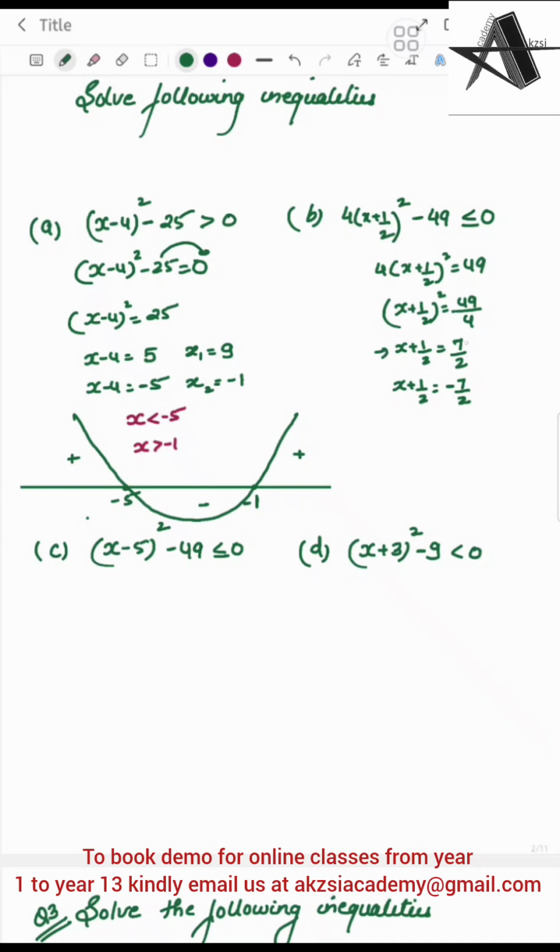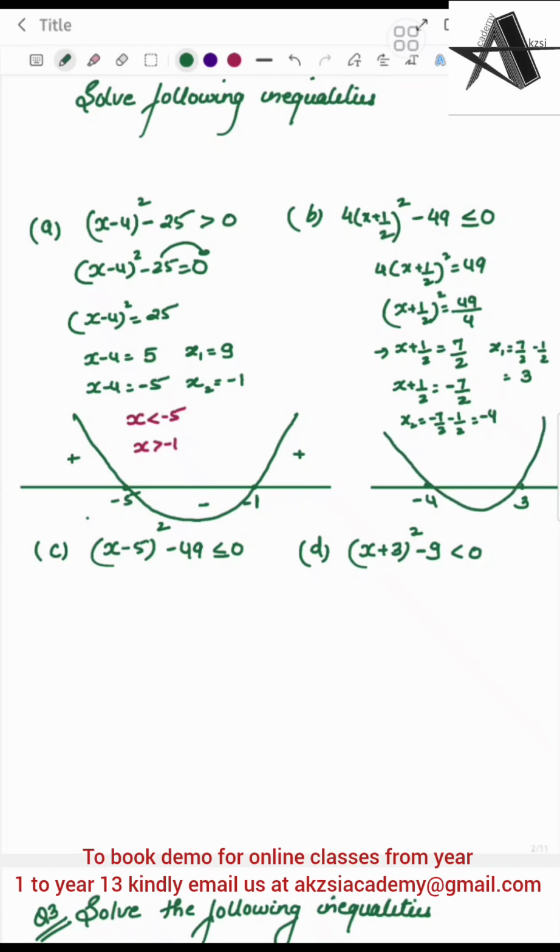If you solve this one, x1 will be 7 by 2 minus half, which is 3. And if you solve this one, minus 7 over 2 minus half, which is negative 4. So the two values we'll get are positive 3 and negative 4.